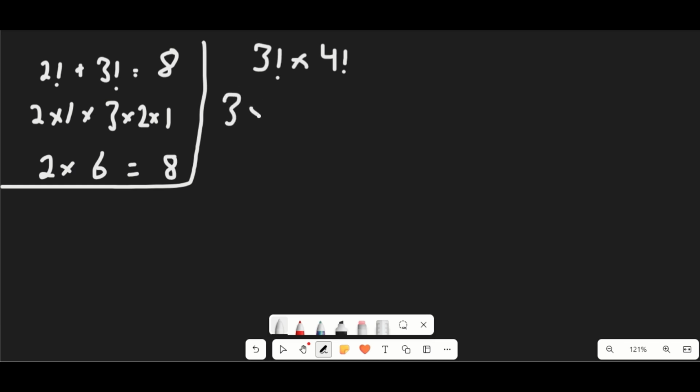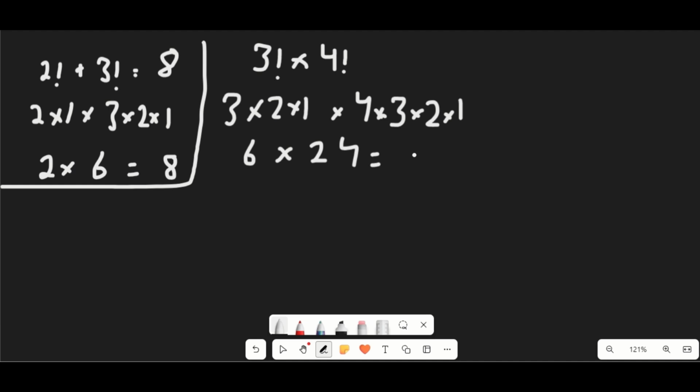It is 3 times 2 times 1 times 4 times 3 times 2 times 1. 3 times 2 is 6, and 4 times 3 is 12, and it will be 24.